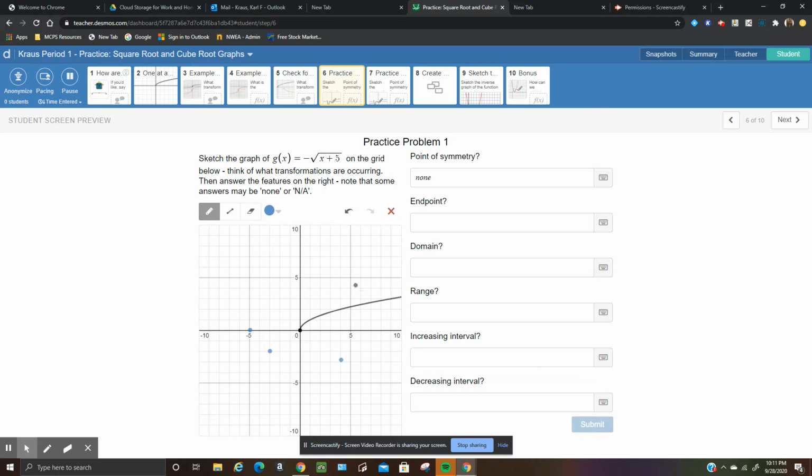All right, and then I'm going to try to draw a graph through there. Carefully drawing that graph. I'm dragging my mouse here and it's not. There we go.